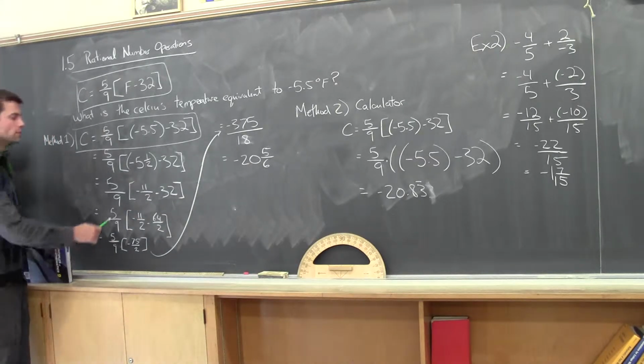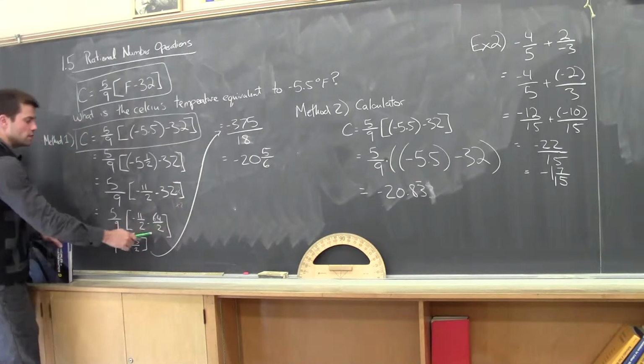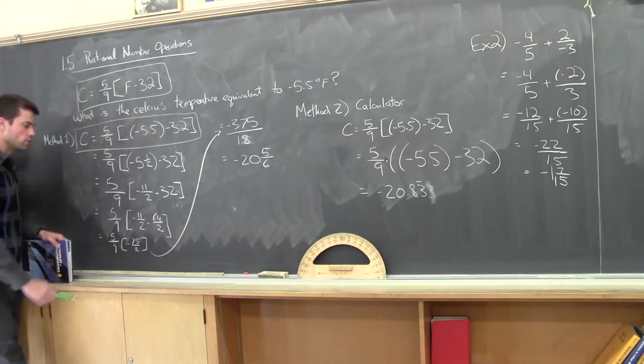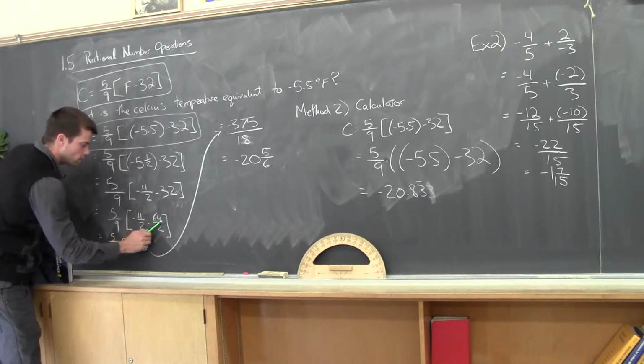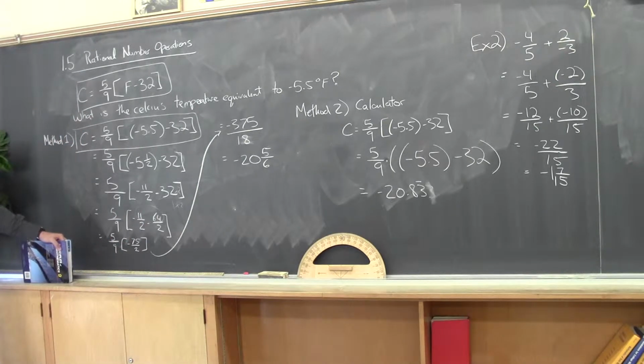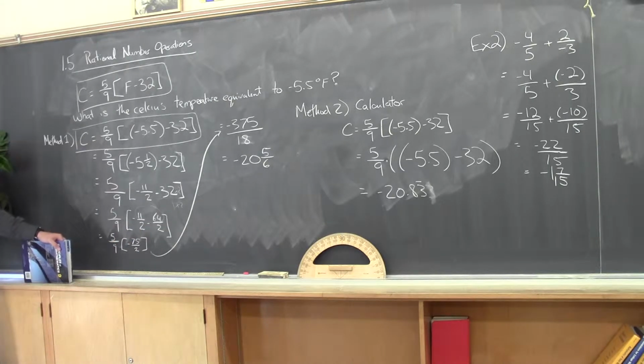And then I need to find a common denominator, so I multiply this by 2. So I get 64/2. So I'm left with negative 11/2 minus 64/2. Again, when you add or subtract fractions, you only deal with the numerator. The denominator stays the same. So negative 11 minus 64 is negative 75.